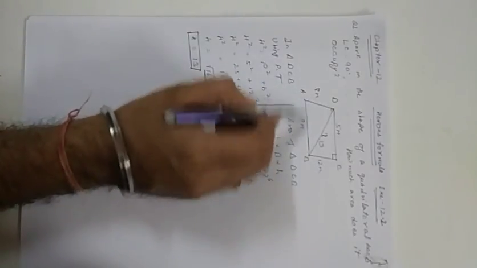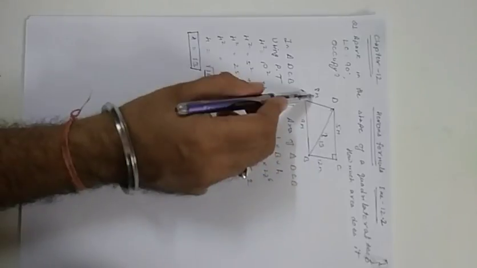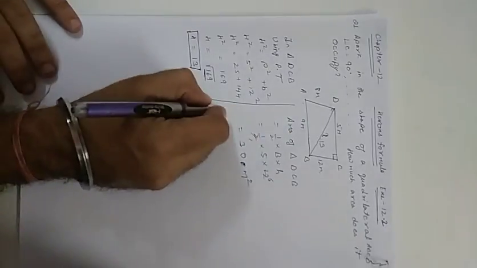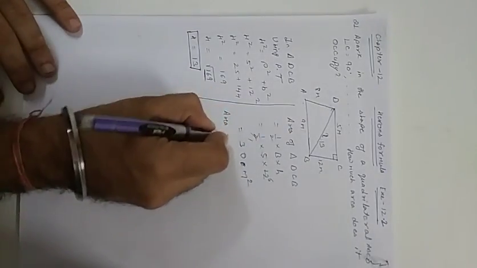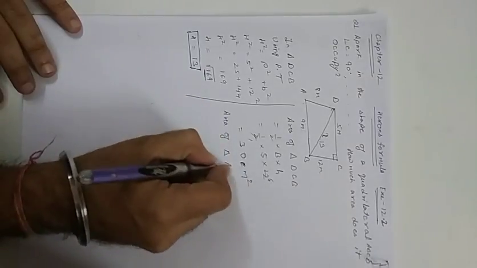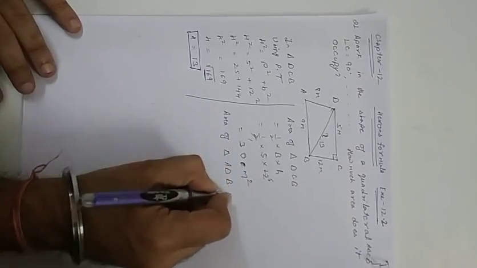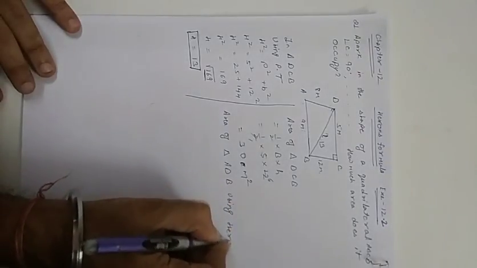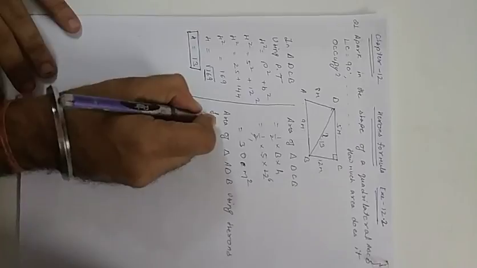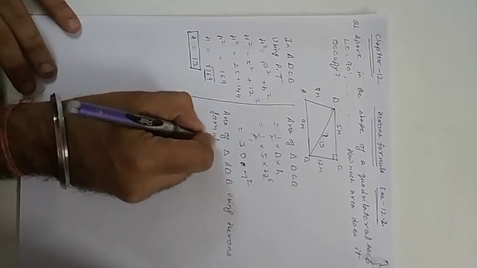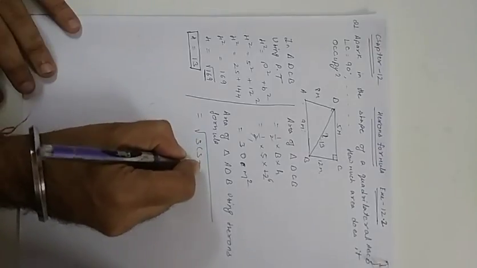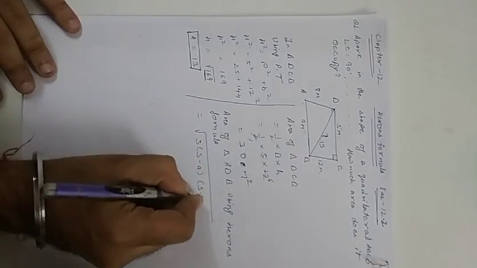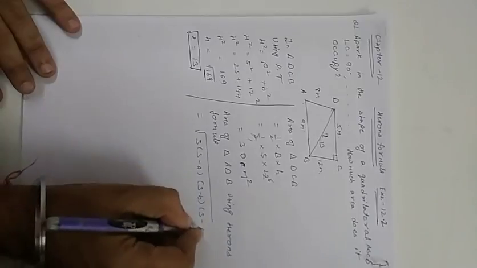Now we have to find the area of this triangle. We have the measurement of the three sides, correct? So we know that the area of triangle ADB, using Heron's formula. What is Heron's formula? Under root S into S minus A, S minus B, S minus C. Correct?